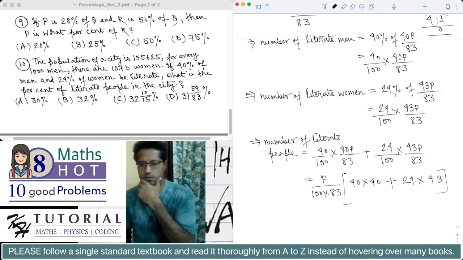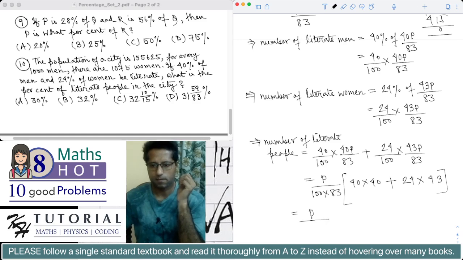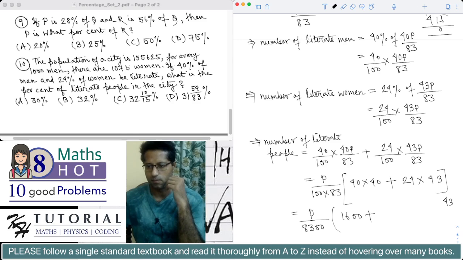Okay. So this is equal to p by 8300, and what will be over here? We have 1600 plus, how much is 43 multiplied by 24?